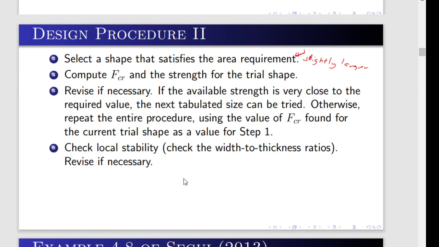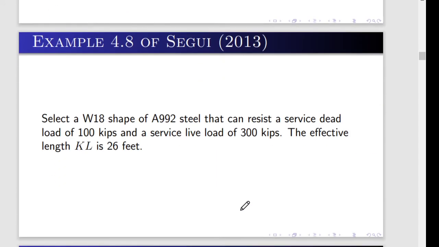If in the table there is a small c, meaning it is slender, you have to check the local stability. But if there is no c, the width to thickness ratio is okay and local stability is not an issue. Then revise if necessary if local stability is an issue.